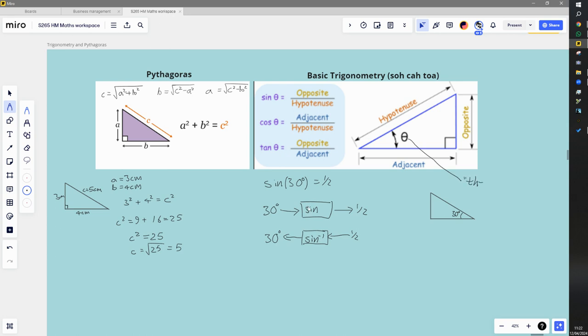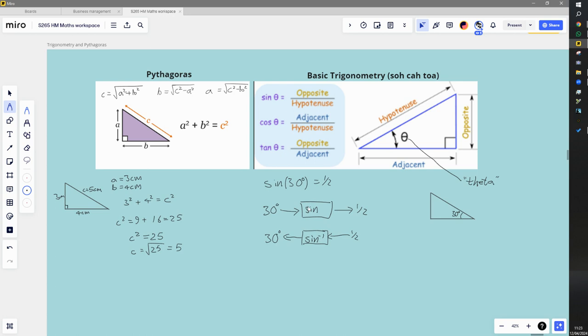But theta is just the name of the letter. Like, the name of this letter is A, the name of this letter is B, and the name of this letter is C. The name of this letter is theta. It's a Greek letter. And we often use it to label angles. Okay, we don't have to. We could use a different label, but you'll generally see it labeled with this symbol here, which is pronounced theta.